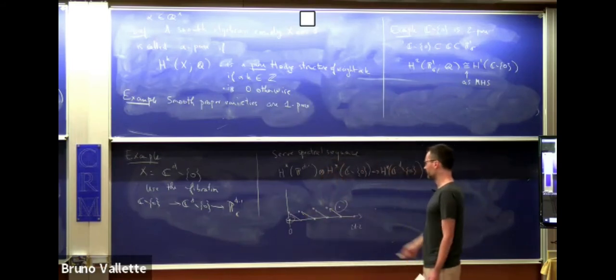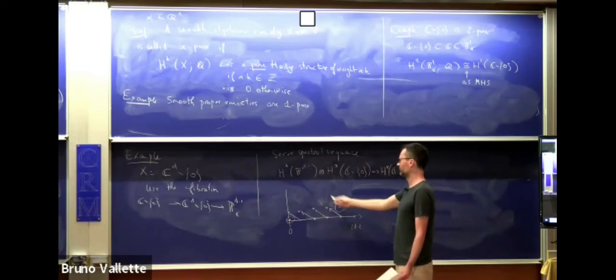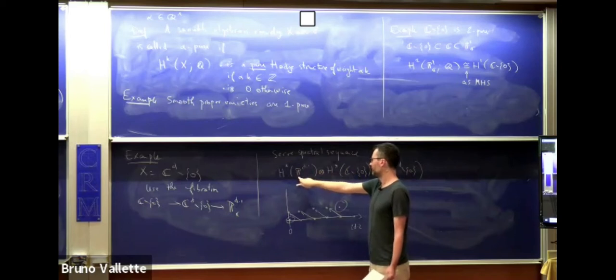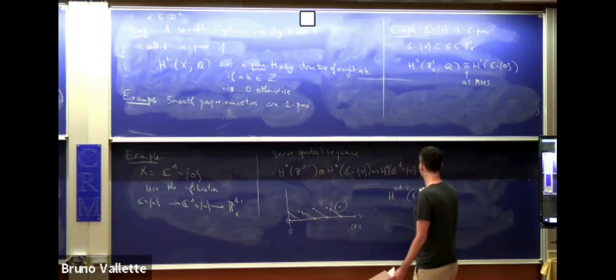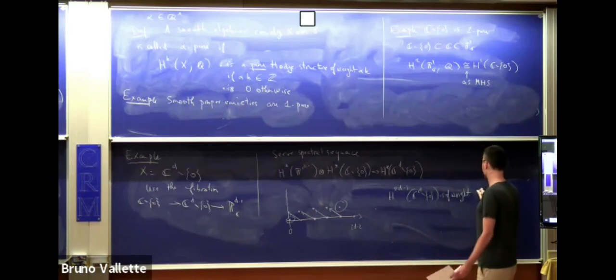Just by counting weights, this class will be represented by something which comes from H1 here and H^(2D minus 2) here. So this would be weight 2D minus 2, this would be weight 2. When you sum, you see that H^(2D minus 1) of C^D minus 0 is of weight 2D.